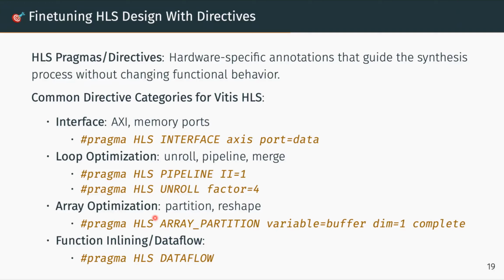And there is also array optimization, where you may want to partition the array. If it's not partitioned, then it's in a block RAM. For block RAM, there are only 2 I/O ports, so you can't access the data simultaneously.